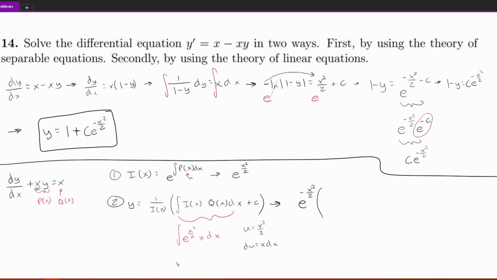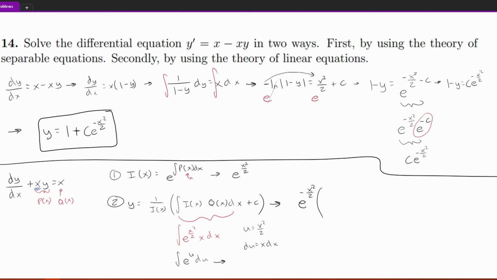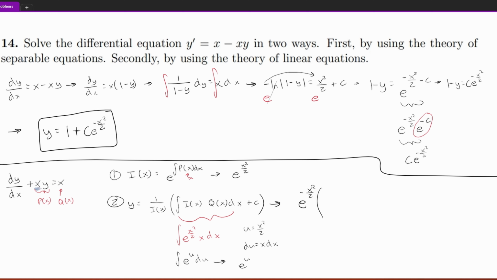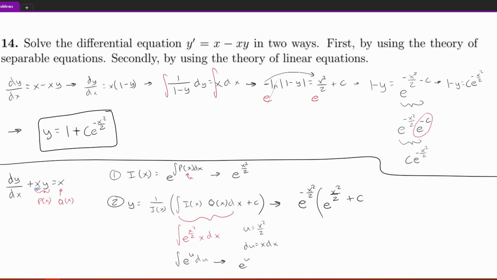So when we plug this back into here, we're going to have e raised to u du. And then when we integrate this, it's simply just going to be e raised to u. And so inside of here, we can just plug in e raised to u, which is x squared over 2, and then we of course need our plus c.